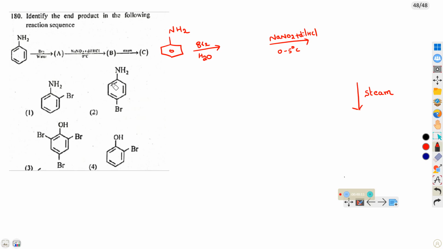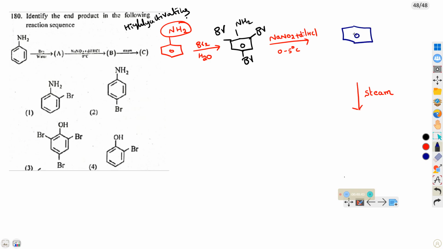Complete the following reaction and identify the C. Aniline, NH2 group is highly activating group. Undergoes bromination, then substitutes bromine at ortho and para positions simultaneously. Now it reacts with NaNO2, HCl, then NH2 group is converted to N2Cl.